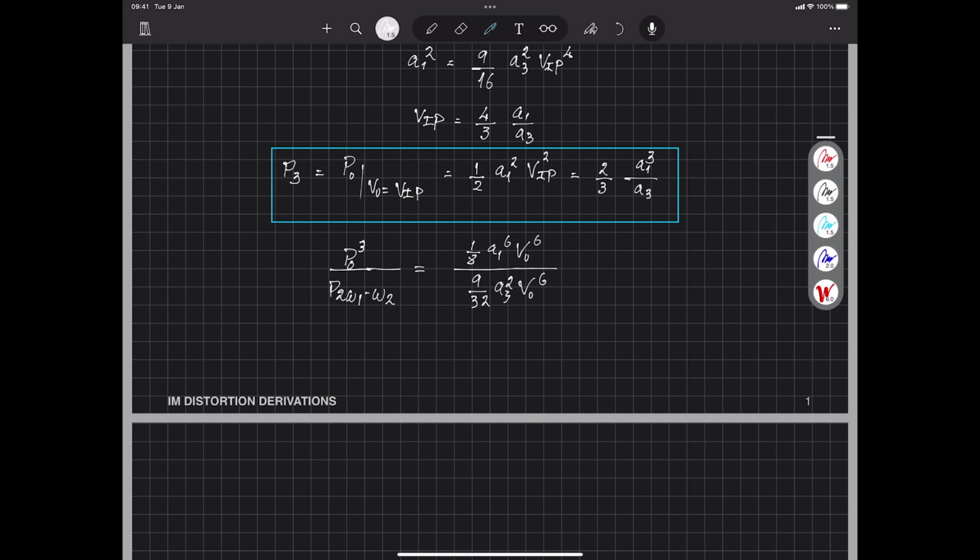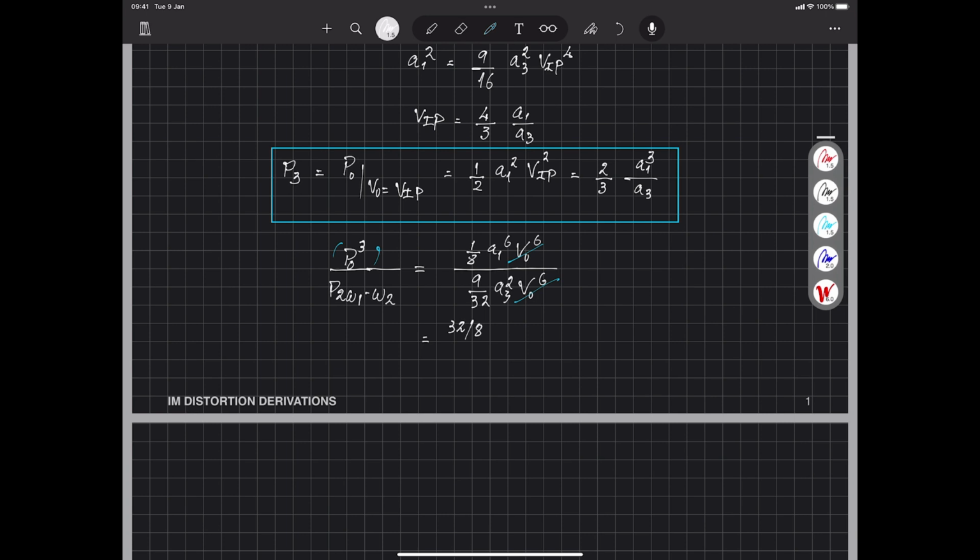And the reason why we took the power of 3 of the linear response is because these both terms cancel out.